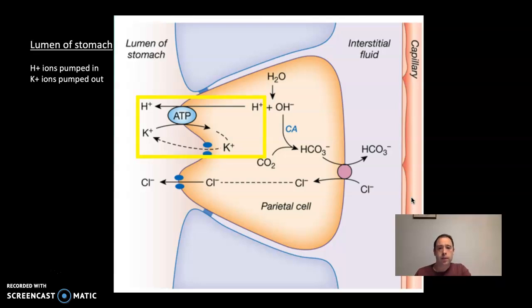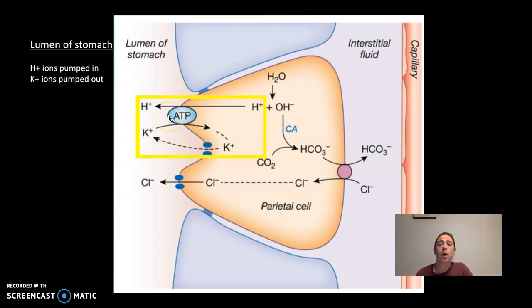Inside the parietal cells, the way that acid is produced, in response to those various hormone signals or electrical stimulation via the ENS, is to put ATP synthase pumps into the apical side of the parietal cells.